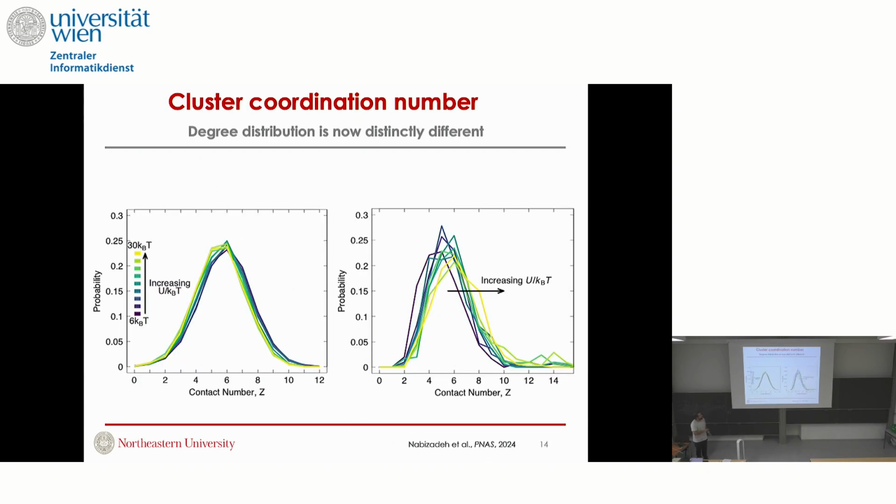The other thing you can notice is that when I looked at the individual particle contact distribution, there was not a huge difference from weak to strong. But now I can identify how many cluster-cluster connections there are. So I'm looking at the mesoscale structures, not the individual components, and I can tell this cluster is connected to this one. That's what you're seeing here, and now you're seeing a very clear shift.